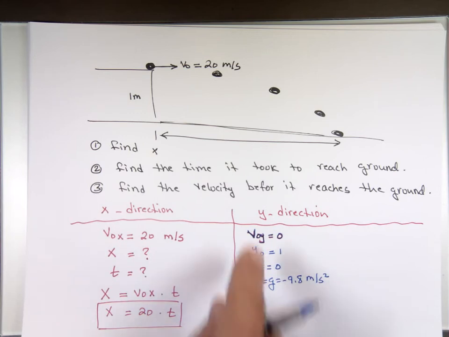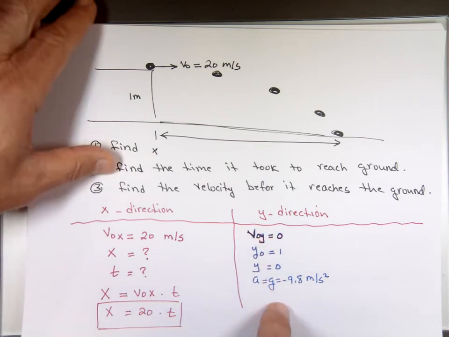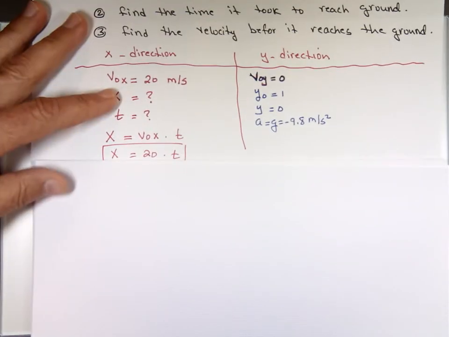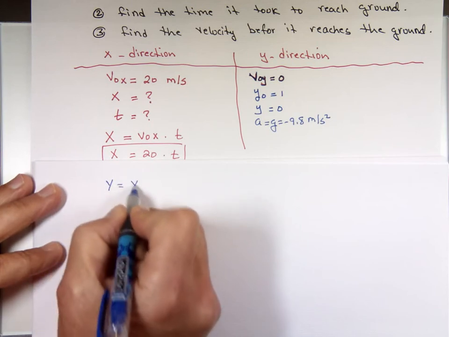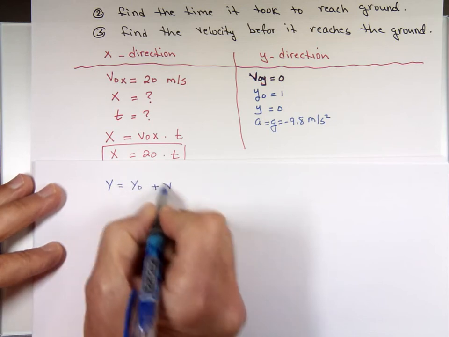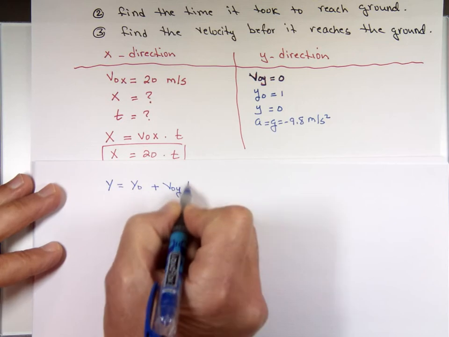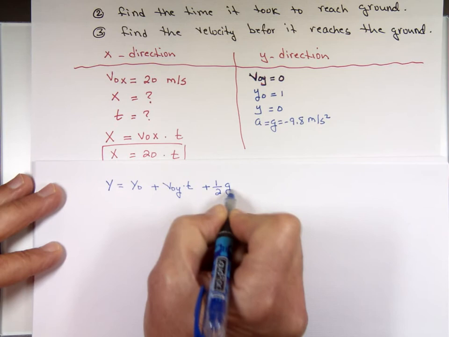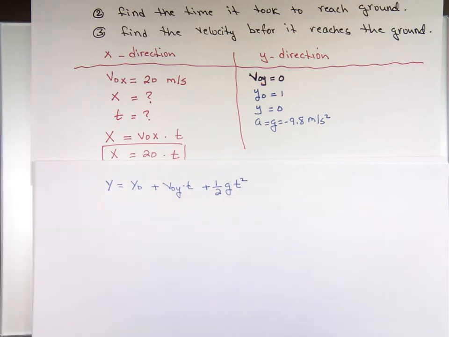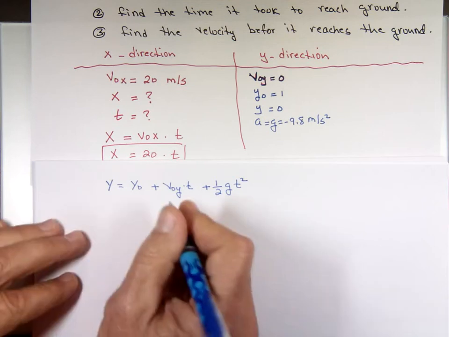So what I'm going to do here is use equation number 3 to solve for the time. I'm going to replace x with y equals y sub 0 plus the initial velocity in the y direction times t plus 1/2 gt squared. y is 0.